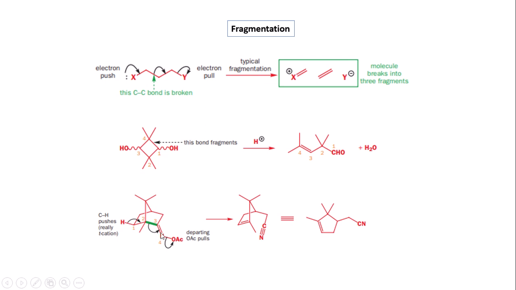Here the Beckmann rearrangement does not occur, rather the CH group is cleaved and gives the cyano-substituted product. This came in the JAM examination, and this is a very important problem.